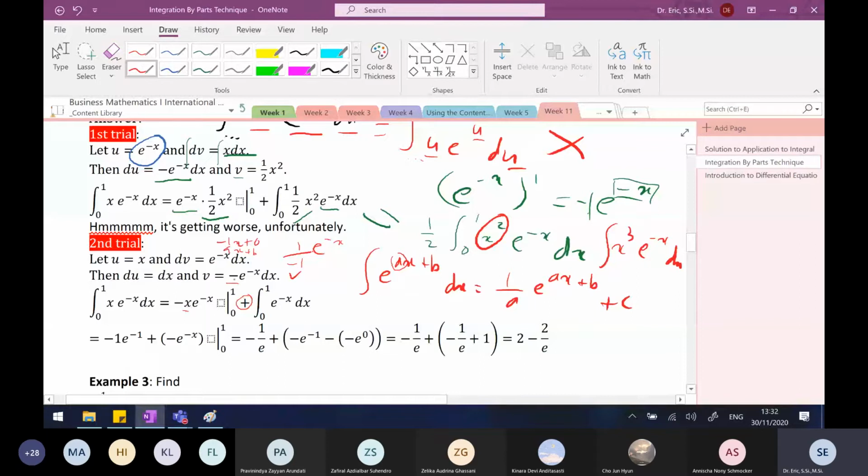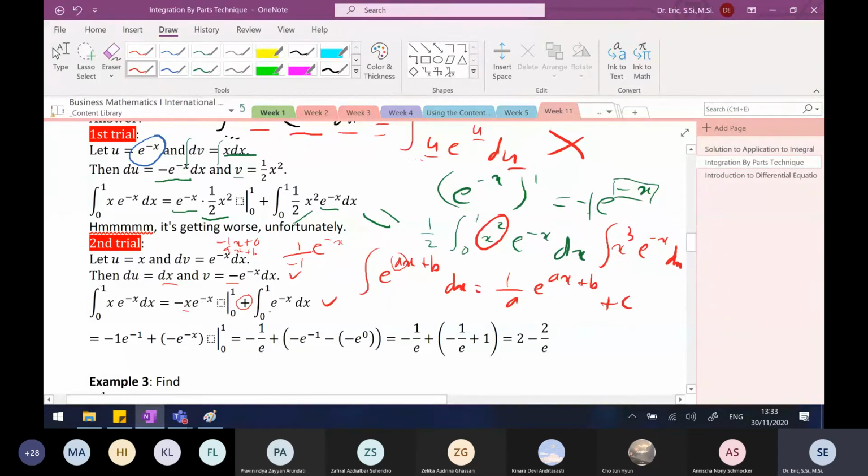Plus the integral of e to the power of minus x du dx. So you have this, and you can just substitute x equals 1: minus 1 times e to the power of minus 1. Minus 0 times e to the power of minus 0. e to the power of 0 is 1, but you multiply it with 0, so you have 0. Okay, yeah?